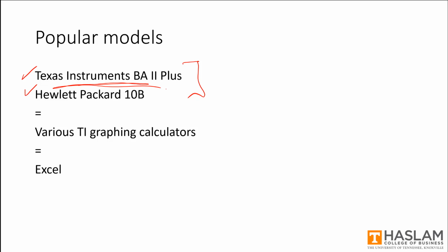And as you move into industry, Excel is kind of the tool of choice. It's oftentimes more efficient to set things up in a spreadsheet. And so if you look at the formulas inside Excel, you'll see things like PV and FV and PMT and all of that. And so everything that you can do in a financial calculator, you can do in Microsoft Excel.